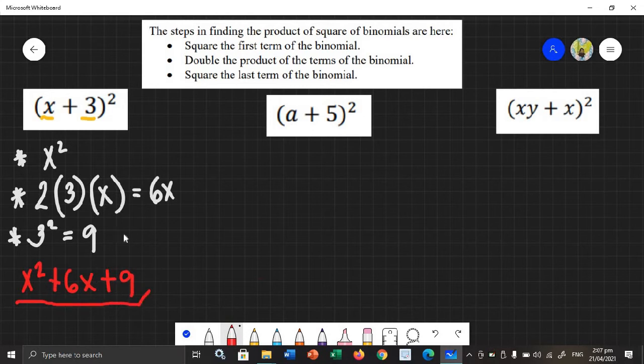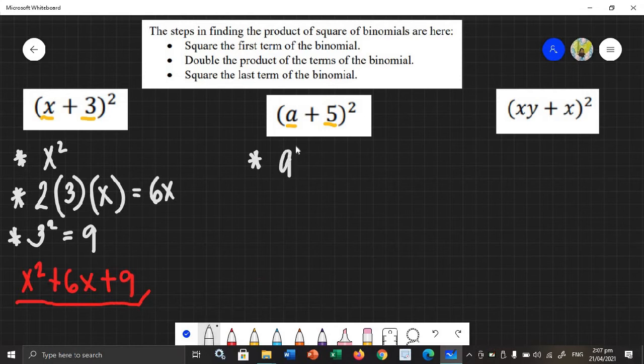So lahat is positive. The second example, we have quantity a plus 5 squared. So again, following the steps, we will be squaring the first term. So in this case, ang first term natin is a, ang last term natin is 5.